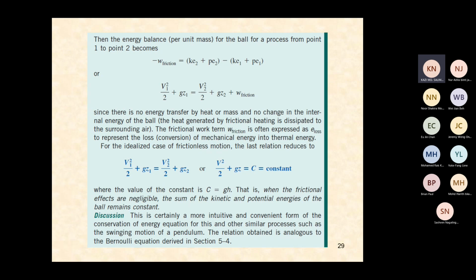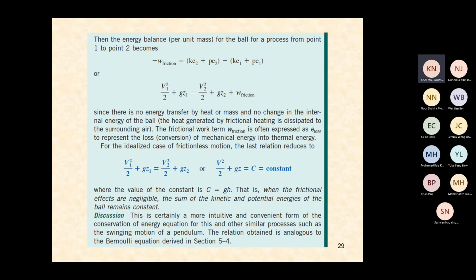Taking the friction to the right side, we can write V1 squared by 2 plus g Z1 is equal to V2 squared by 2 plus g Z2 plus the friction.